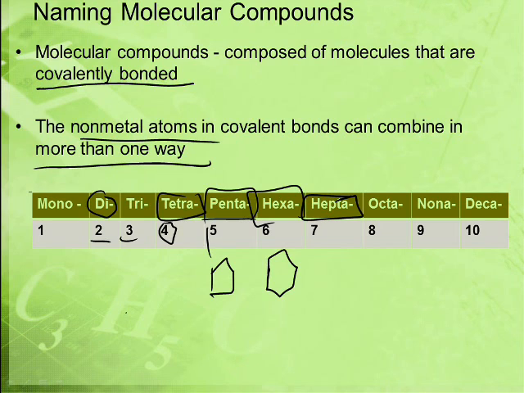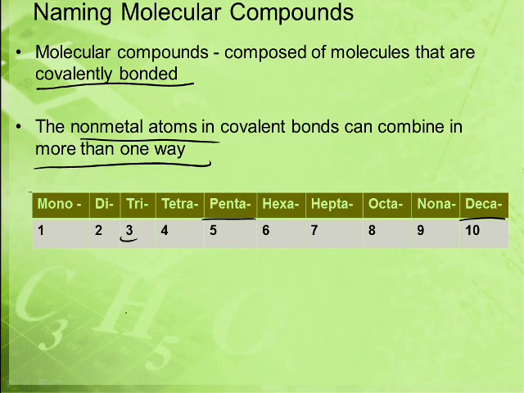Nona, nine, just remember the N. Deca, ten. Decade. So you do really know what these are anyway. Again, hepta is probably the hardest one to remember.